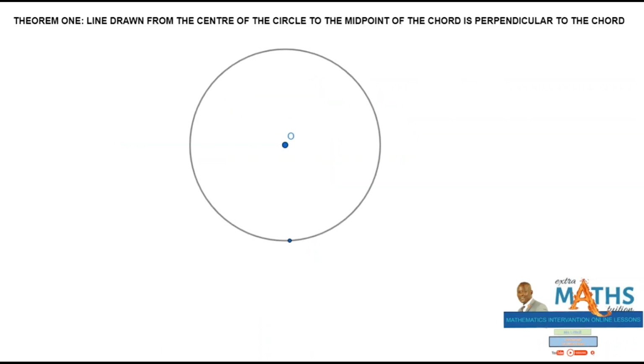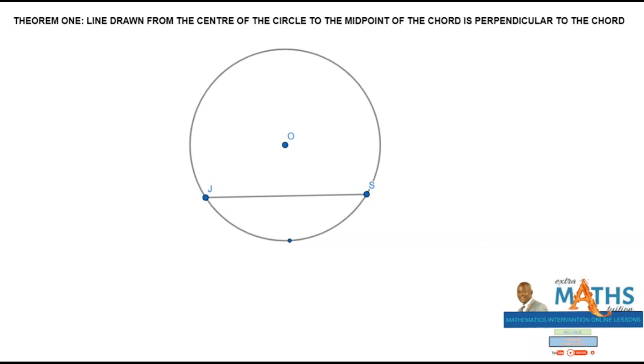Guys, let us jump to our first theorem, which reads as follows. The line drawn from the center of the circle to the midpoint of the chord is perpendicular to the chord. Let us discover what they are talking about. We have circle center O. It means now I need to have a line segment, which is also known as a chord.